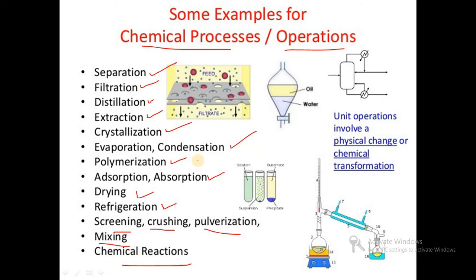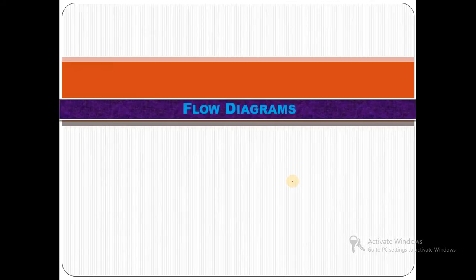All these are some examples of chemical processes and chemical operations. Also these are the instruments: a separating funnel, then distillation assembly, then some test tubes to carry out the centrifugation techniques. So these are some examples of chemical processes and chemical operations.